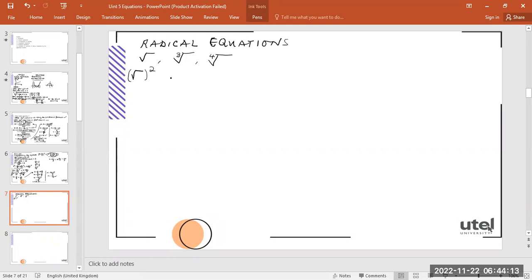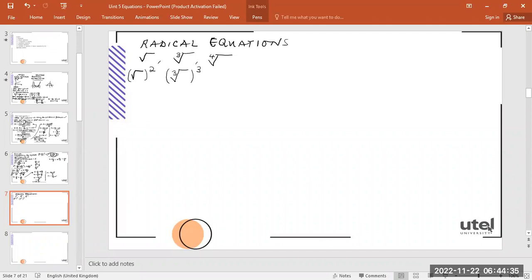And if it consists of a cube root, we get rid of it by cubing. You know that squaring is the opposite of finding the square root, and cubing is the opposite of finding the cube root or the fourth root of an expression.